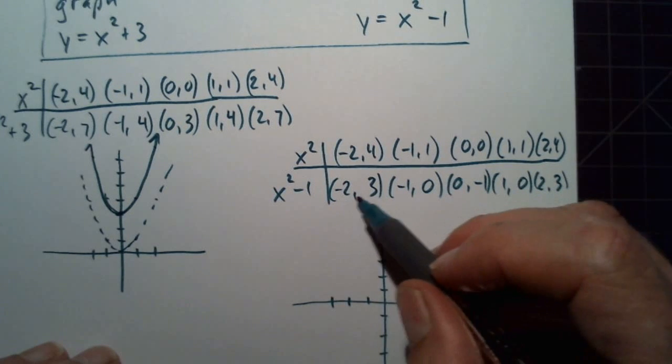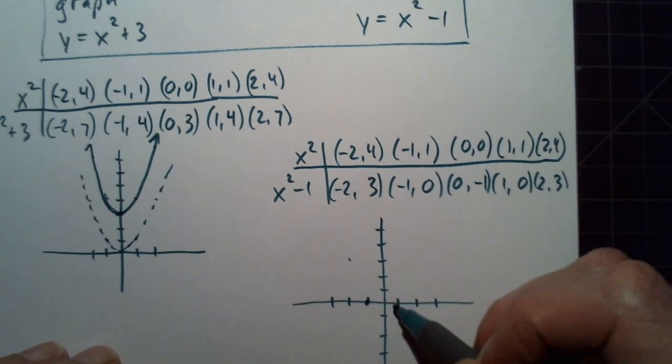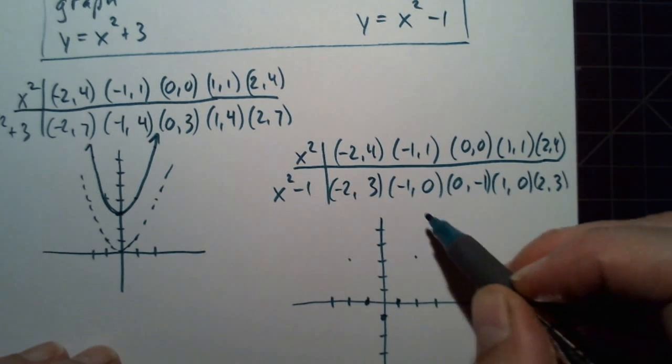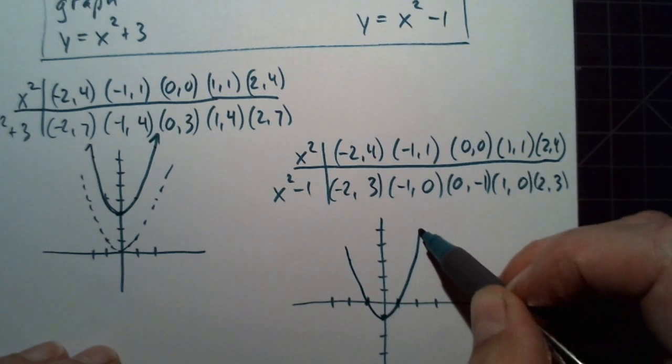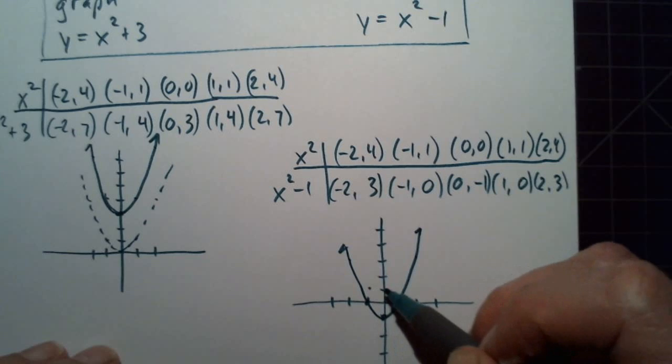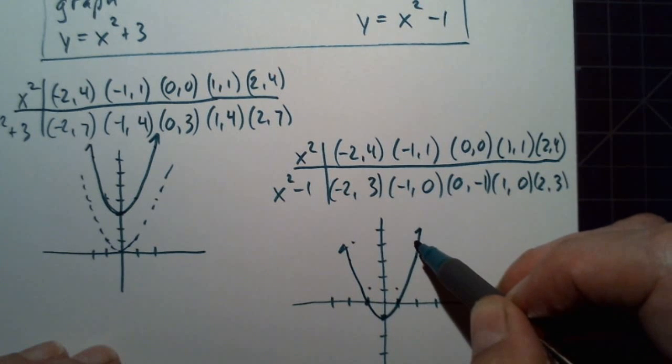So we go -2, 3, -1, 0, 0, -1. I plotted all of those points. We can also plot the parent function.